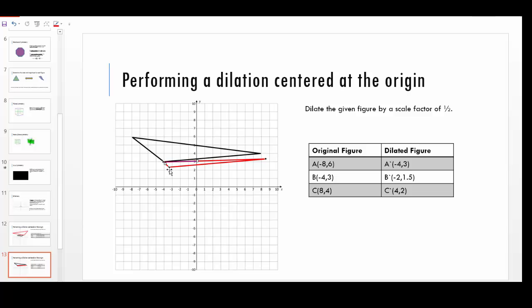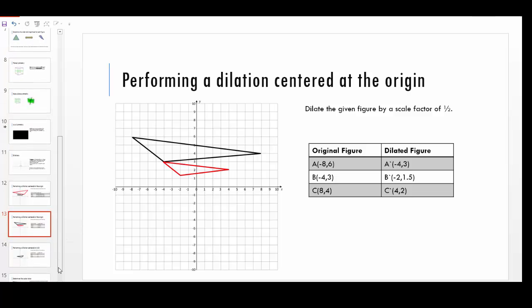B is going to move to -2, 1.5. And C is going to move from 8, 4 to 4, 2. So now we can see that this figure is half the size, or it decreased by a scale factor of 1/2. That's how we dilate figures centered at the origin.